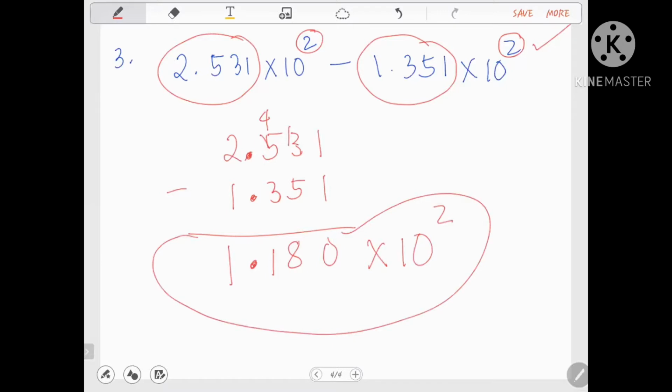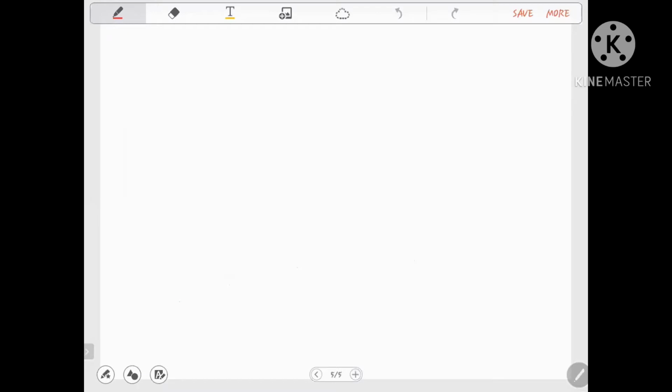Okay? Next, let's have another one. If they have a different exponent. If I have 3.633 times 10 to the third power minus 1.411 times 10 to the second power.